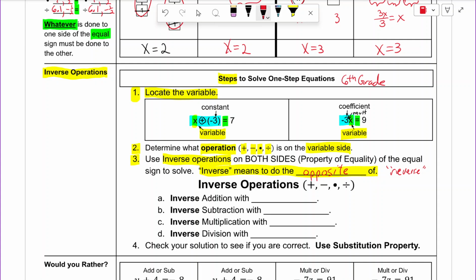Inverse operations, as you know, there are 4 of them. So we inverse addition with subtraction. We inverse subtraction with addition. We inverse multiplication, of course, with division. And we inverse division with multiplication.